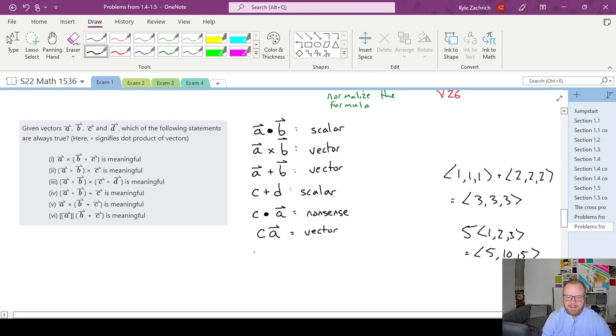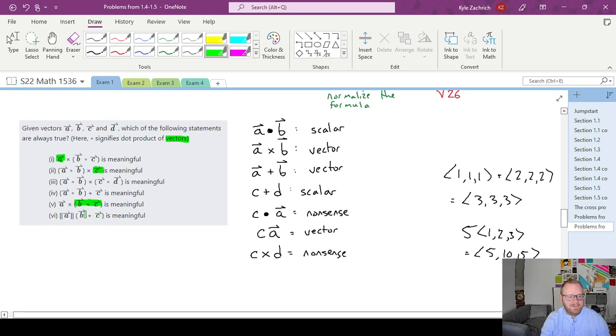Similarly, if I say something like two scalars together, this is nonsense. So let's figure out what's nonsense and what's not. The way I'm going to go through this is anytime I see a vector, I'm going to highlight it in green. So this is definitely a vector. This is a vector.